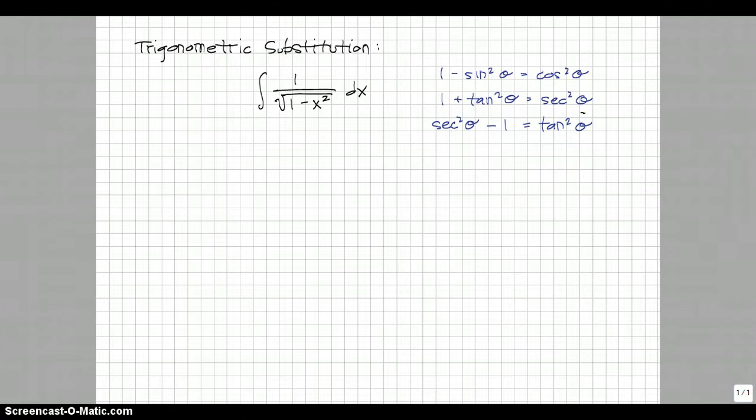And that's causing some difficulty for us because if we had a single term there, we might be able to simplify in some way. We might be able to do a U substitution of some kind.